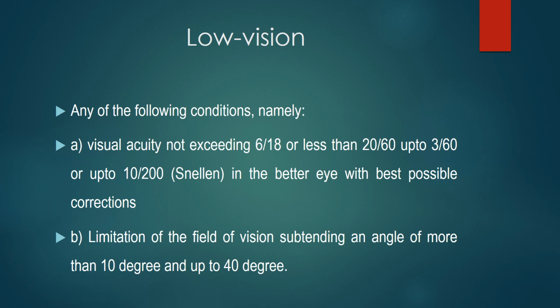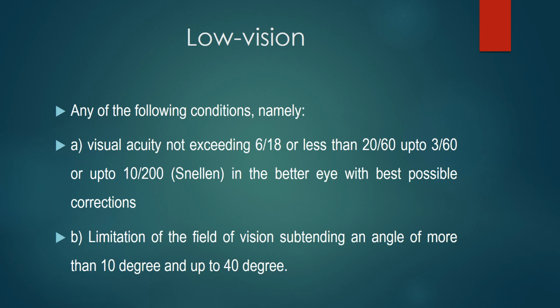But the person who has more than 3 by 60 meter visual acuity and less than 6 by 18 meter, it means if a person's visual acuity exists between 3 by 60 to 6 by 18 meter, then the person will become a low vision person.